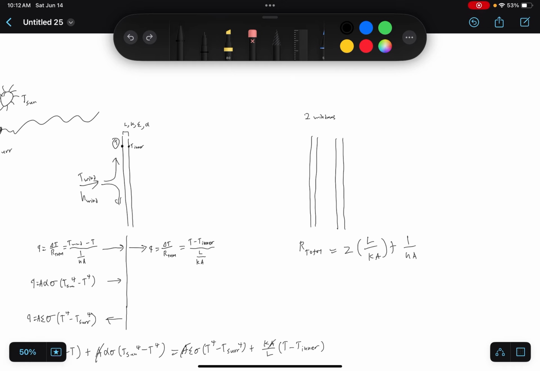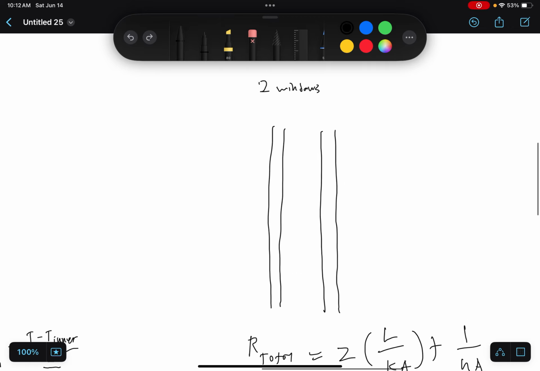There are some pretty neat things that you can do with thermal resistance. You're going to hear this pretty early on in your class. You can write this out as a thermal resistance network.